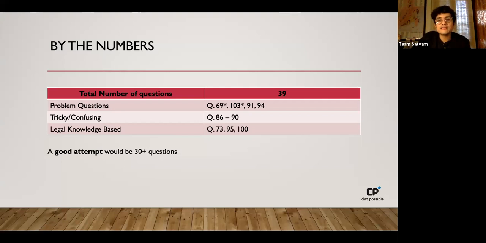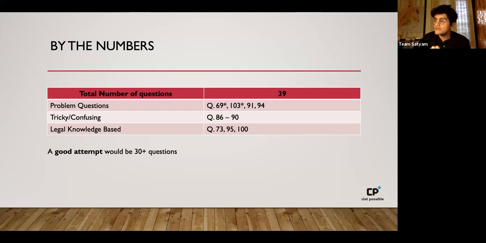Legal knowledge based: 73, 95, and 100. 100 was the question on common intention and similar intention. 95 was the question on defamation. And 73 was the question on the passage on obscenity, where it was asked under what category of fundamental rights you can say that obscenity falls.